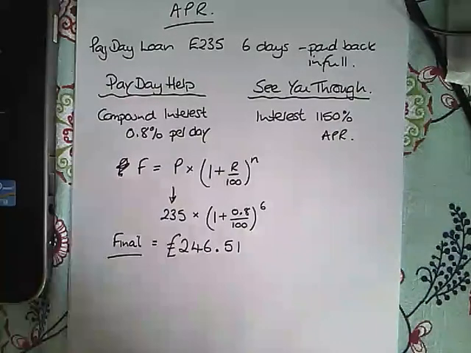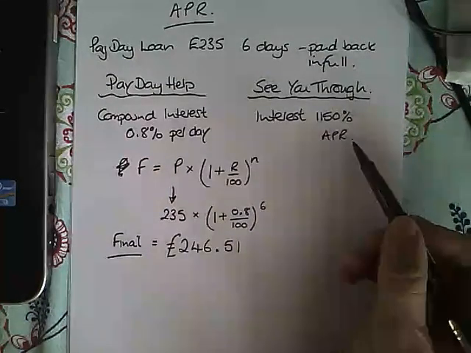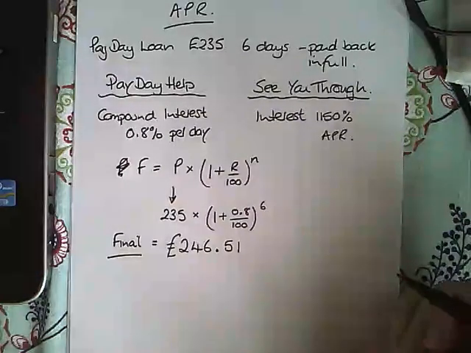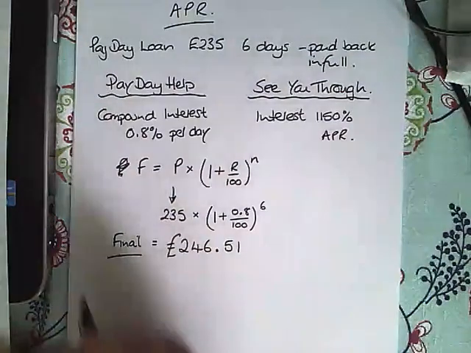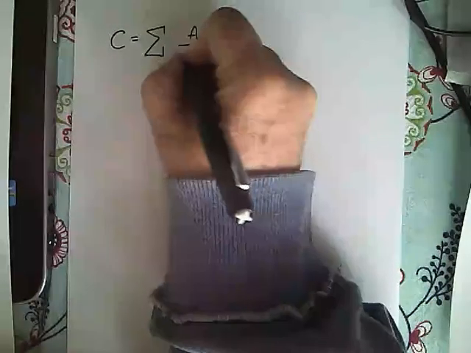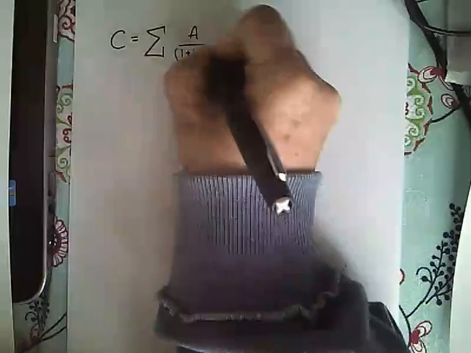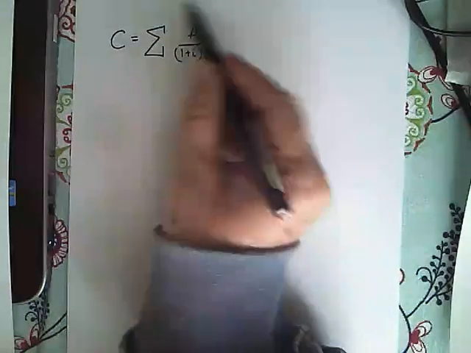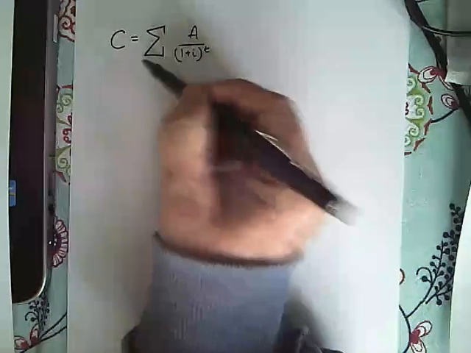Now the APR calculation, we want to work out how much we're going to end up paying at the end of it. So with the See You Through, we use the formula that you are given in the formula sheet which came with the test. The formula sheet said that C is equal to this funny sign, and then A over 1 plus I to the power T. Now when we did the compound interest lesson, I said that this was a notation which tells you to sum a number of terms.